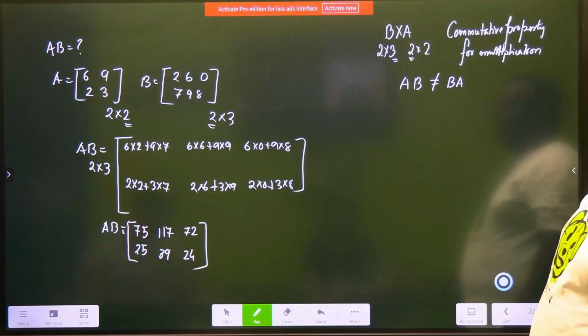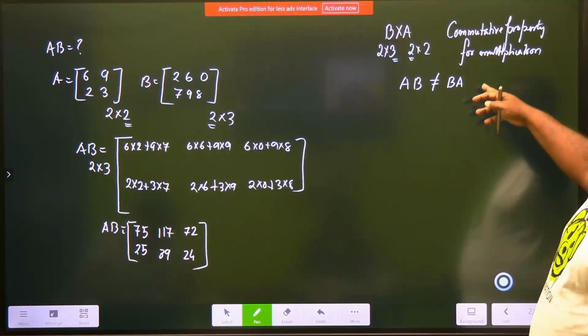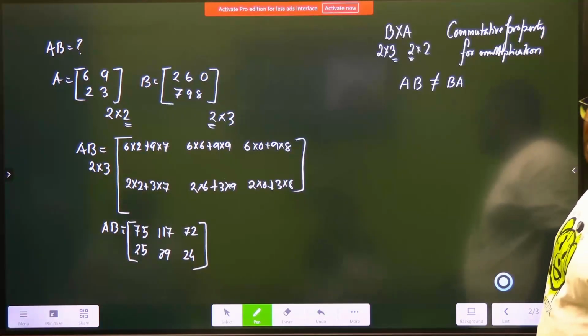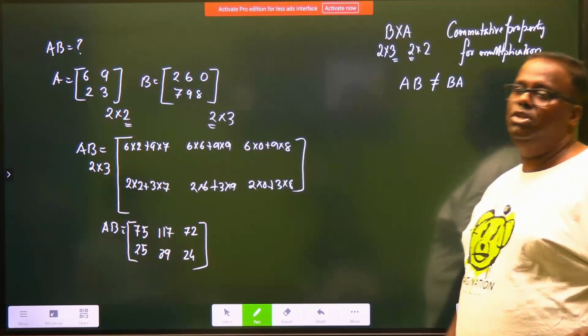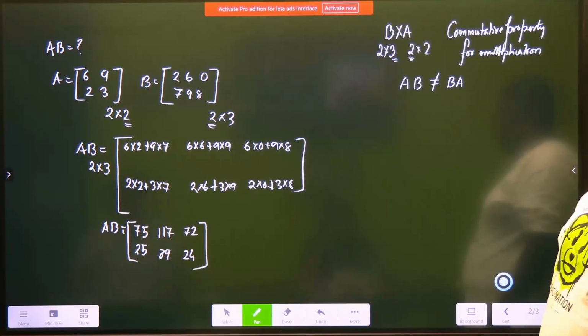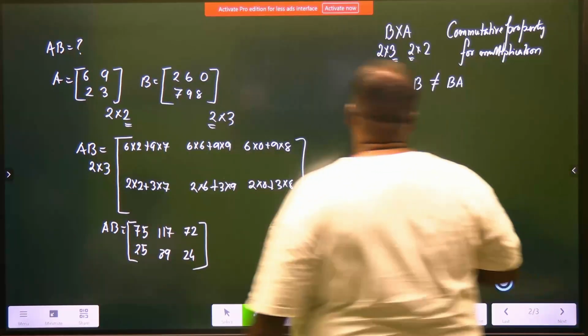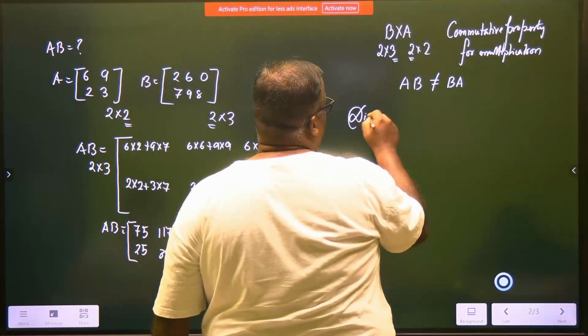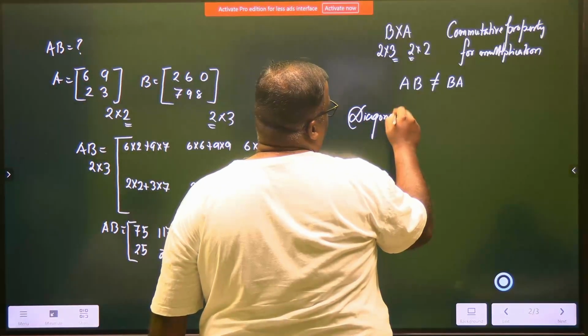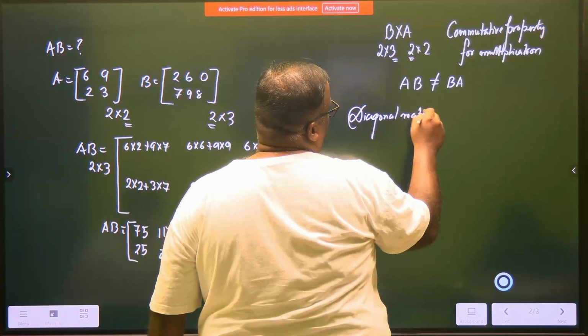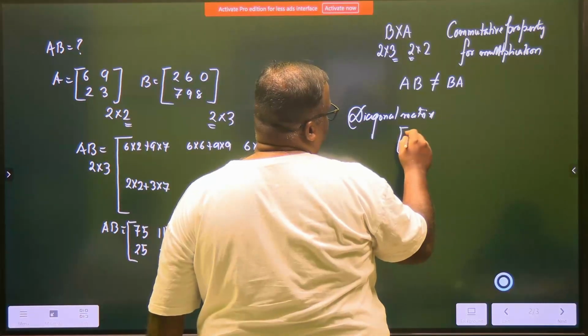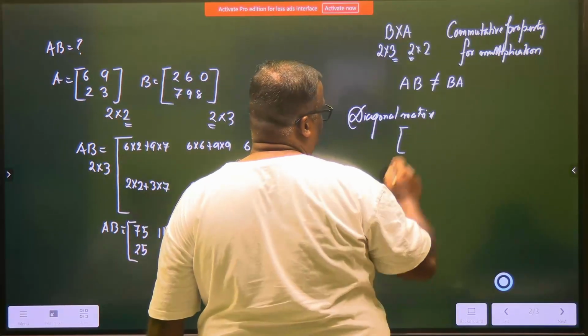Okay, going back. Now I said A into B may not be B into A. Maybe B into A is not feasible also. However, if you have a diagonal matrix, let's take a 2 by 2, that's the simplest. So how do you make a diagonal matrix?